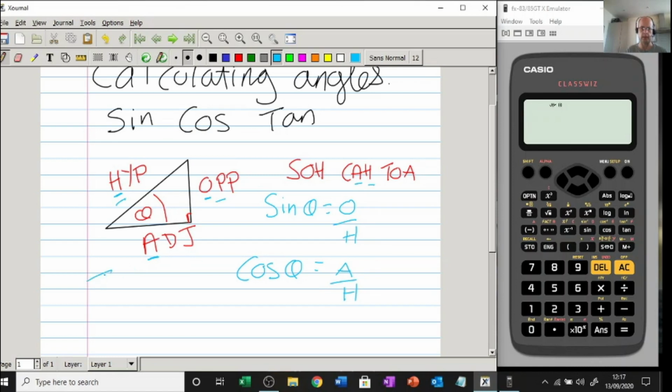And if we only know the opposite and the adjacent, we can do tan of the angle is opposite over adjacent.